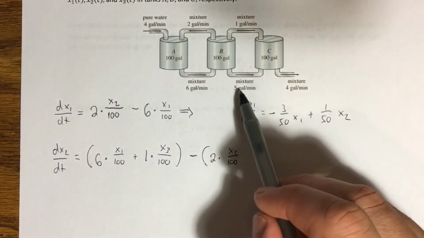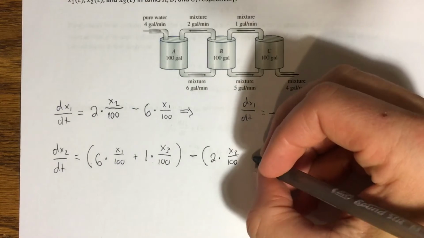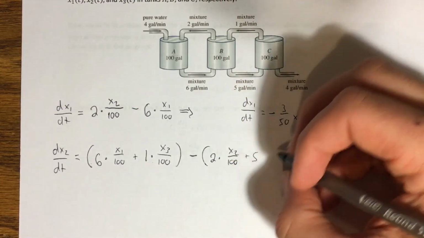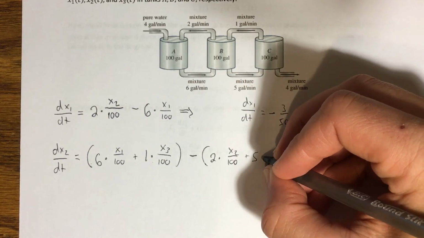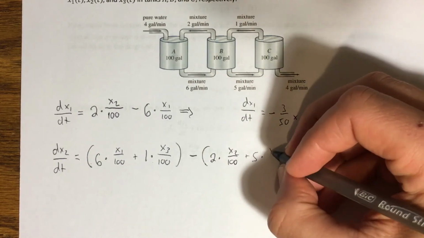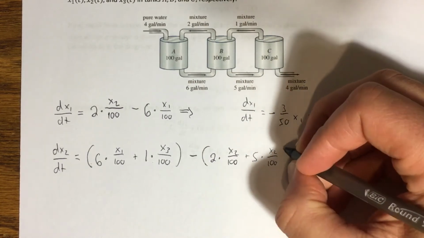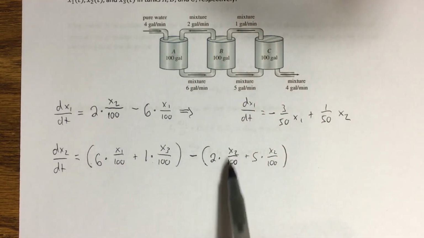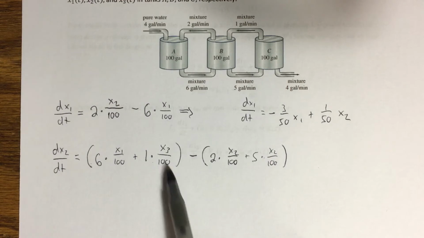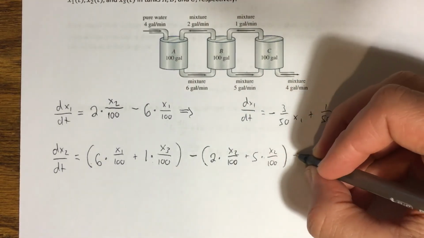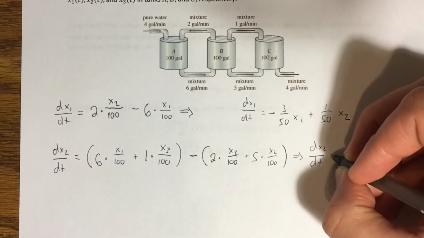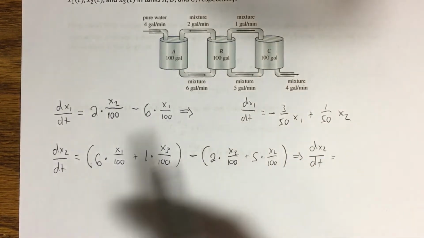Same thing here, 5 gallons per minute, so that's plus 5 gallons per minute times x2 over 100, because it's coming from the same place. These can combine to 7 x2 over 100, and I can simplify things down a whole lot. This is going to give me dx2/dt equals, let's look at how things simplify.